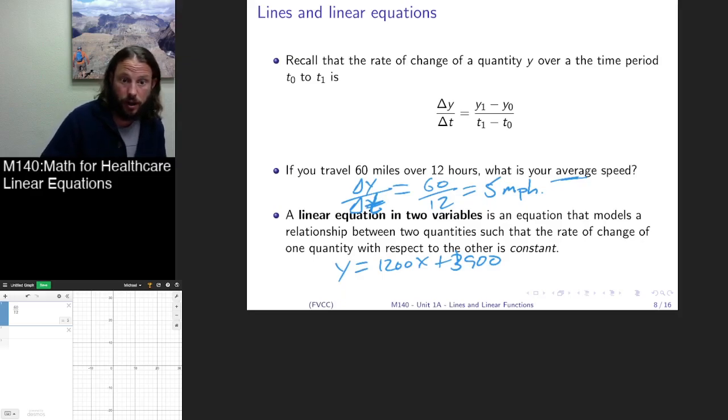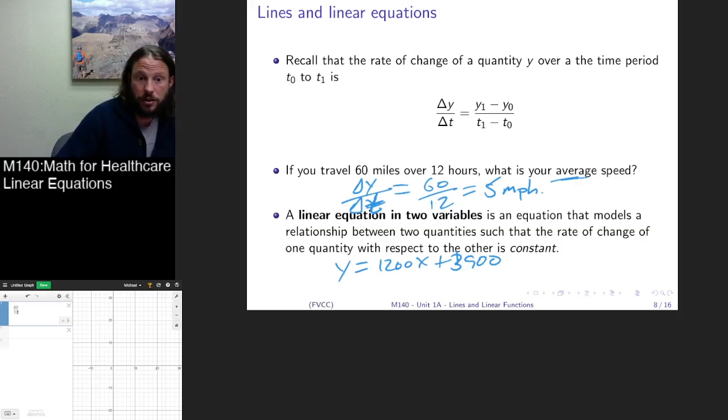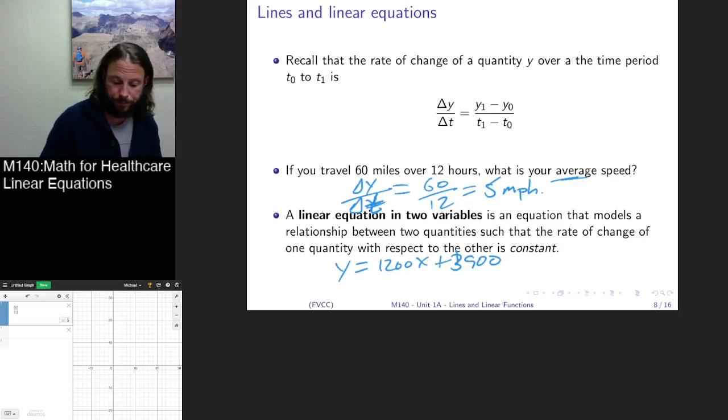Up here, it's possible in the first hour you went 20 miles. That's a possibility. Down here, that's not possible. You go exactly 1,200. Staying constant just means that the difference between evaluated at 1 and 0 is 1,200, of 3 and 2 is 1,200. And for each change of 1 in x, we get a change of 1,200 in y. All right, so it has a constant rate of change.